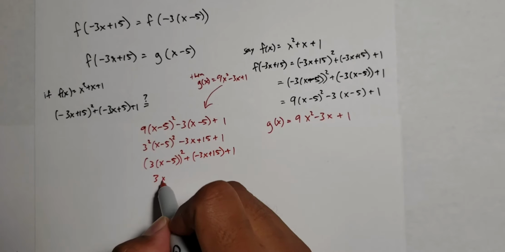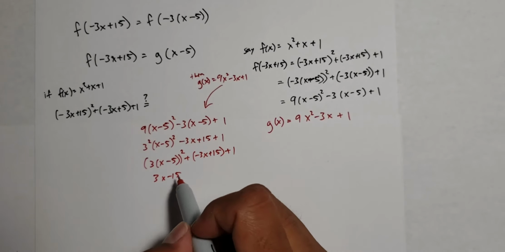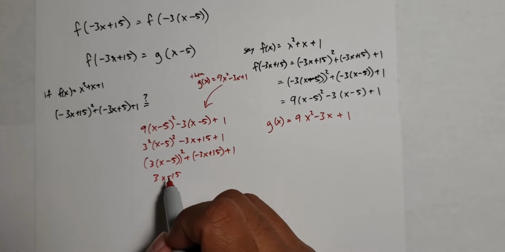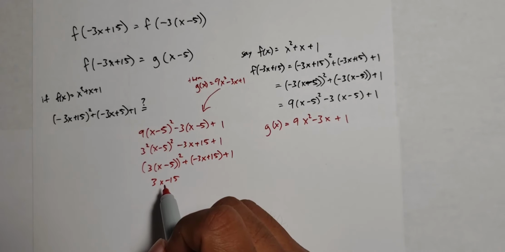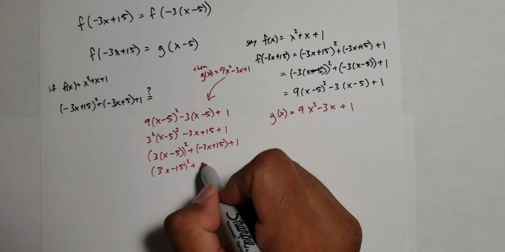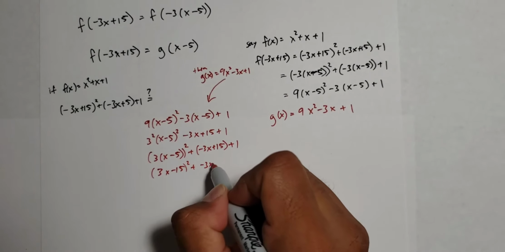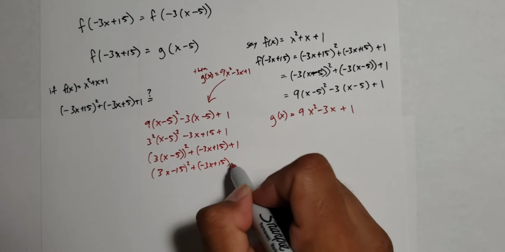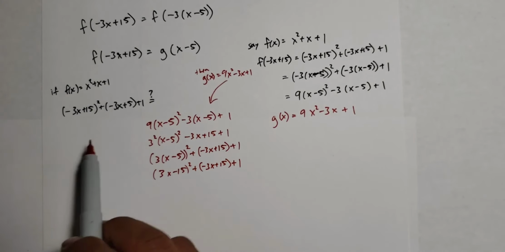It's going to be 3x minus 15. Let's see. Minus 3x plus 15 plus 1. Right, these don't look identical.